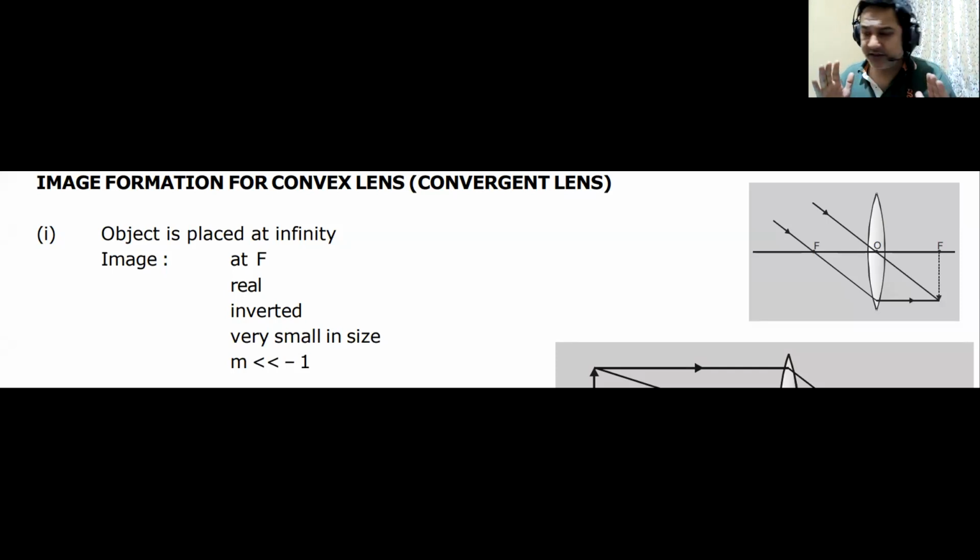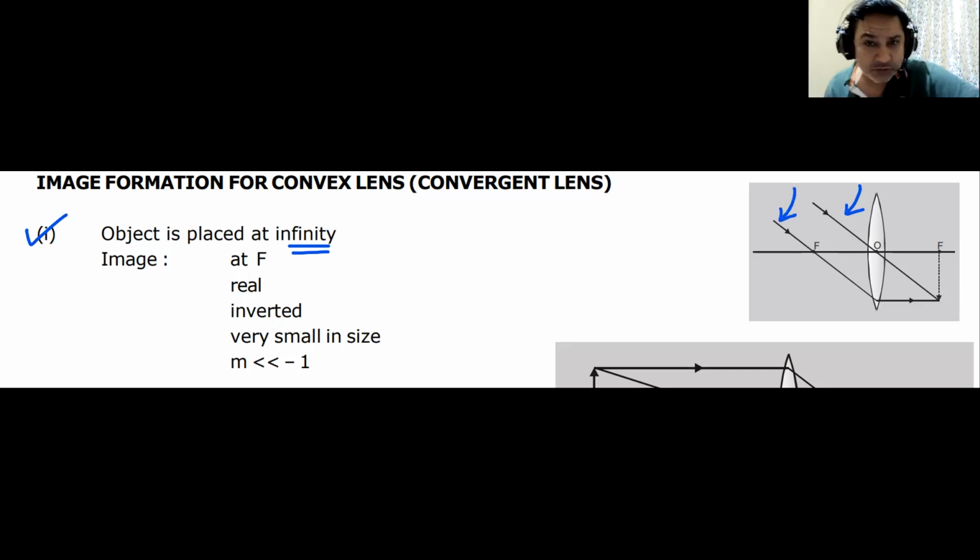Exactly similarly, we will be doing it for both the lenses, convex and concave. So the first case is the object is definitely placed where? The object is definitely placed at infinity. You can see these parallel lines coming from infinity.